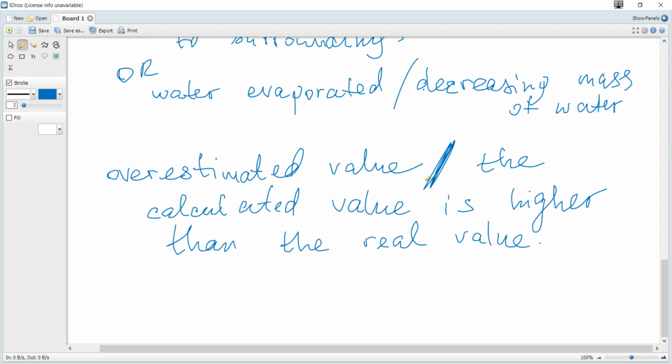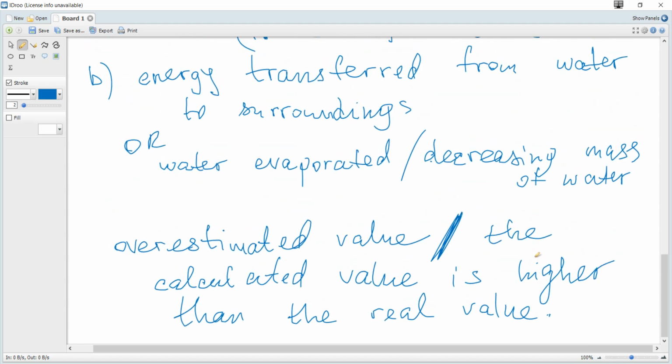It's actually the explanation of overestimated. If you say overestimated, it's not necessary to explain what it means. So overestimated value, or the calculated value, is higher than the real value. And that's all for this question.